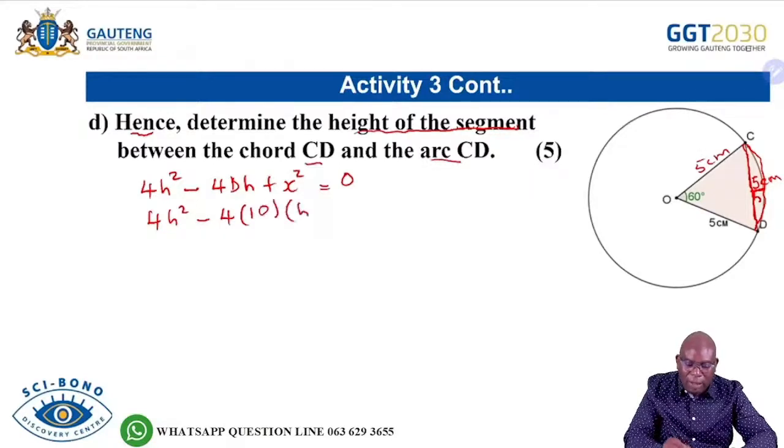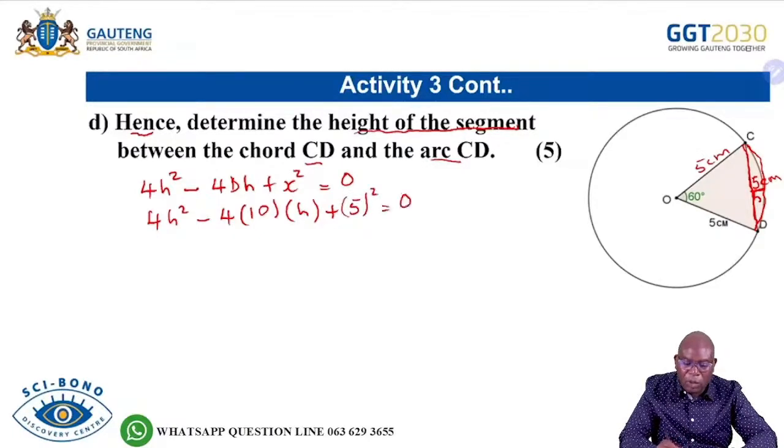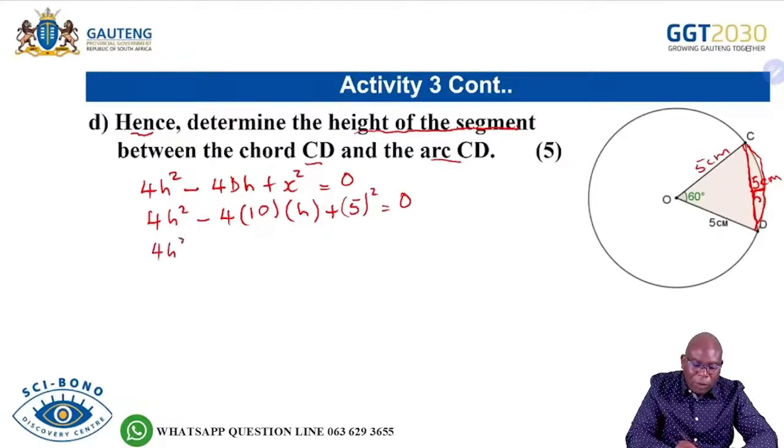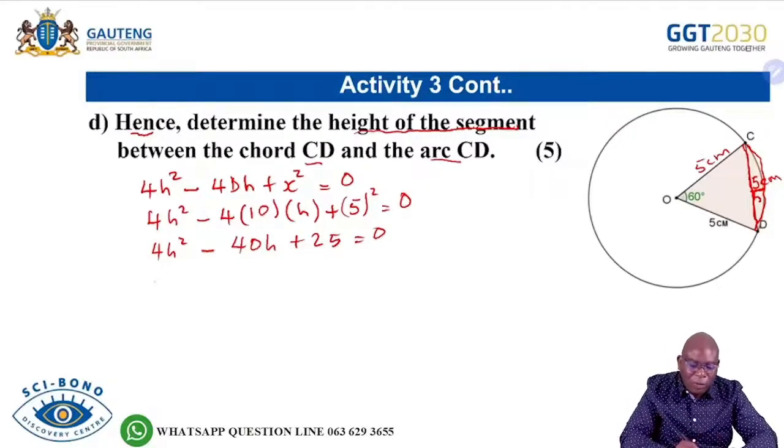I don't have the height. I have got the length of the chord, which I know is CD, so I've got 5 squared equals 0. So I'm going to have 4h squared minus 40h plus 25 equals 0. Then I solve for h. So I can use my quadratic formula. The b is going to be minus into minus 40, which is 40.